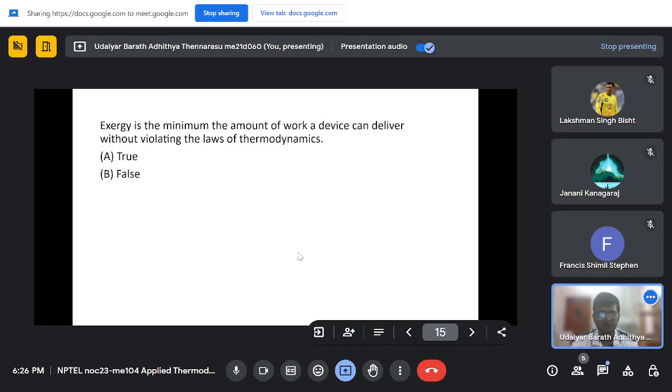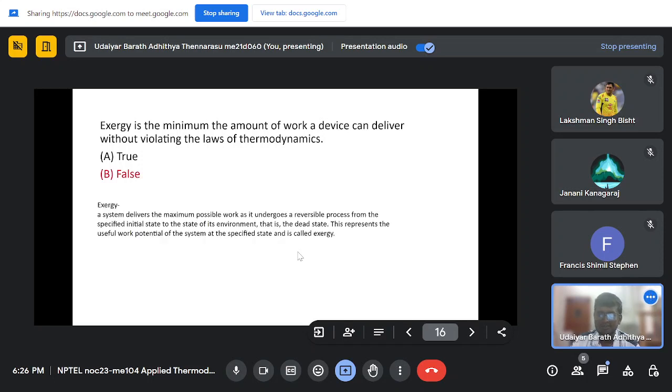That will give you a straightforward answer. The answer is option B, false, because exergy is the maximum amount of work. There's no minimum. The maximum amount which you can take from any system is the exergy.